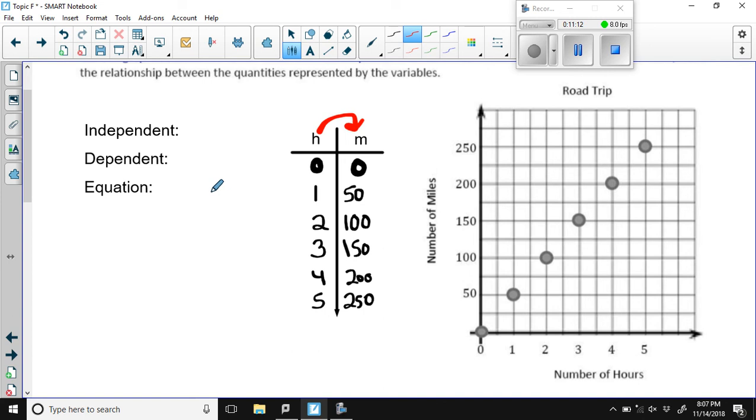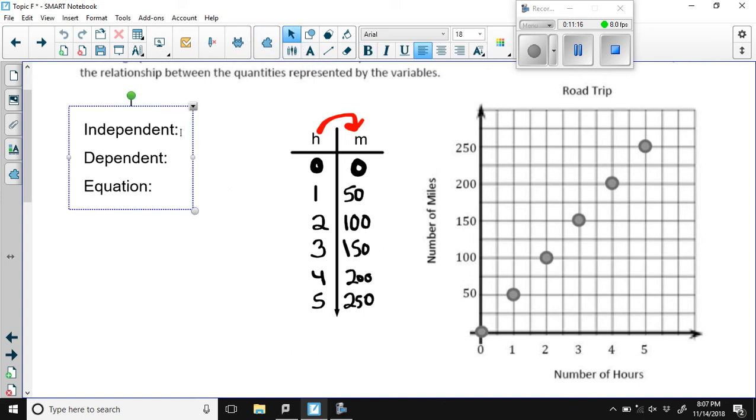Okay, so we need to identify that independent variable and that dependent variable. In this case, our independent variable is hours. And miles traveled depends on the number of hours we've been driving. So the equation that we can write from this, it looks like it's going to be 50 times however many hours is going to equal our miles.